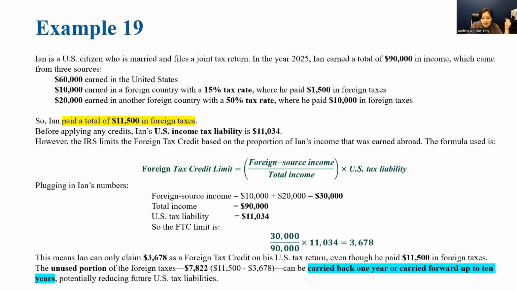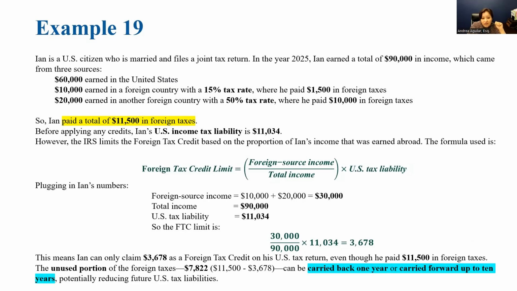The US tax liability, $11,034. So the limitation will be 30,000 divided by $90,000. You will multiply the US tax liability, which is $11,034. What is the total amount of the foreign tax credit limitation? It will be $3,678.